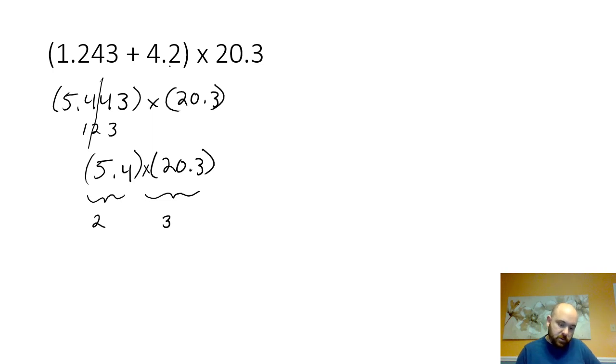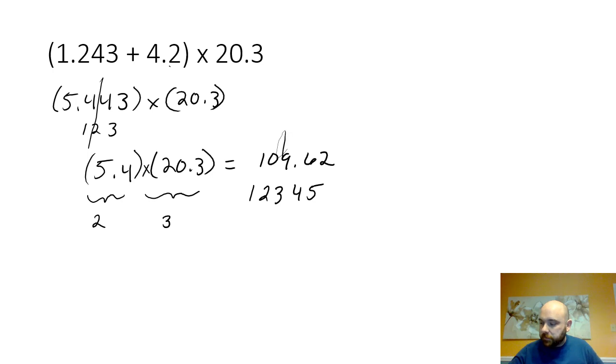5.4 times 20.3 becomes 109.62. But remember, we want to round our numbers to two significant figures. So we're going to count the number of significant figures in our answer here. I see 1. This 0 is significant because it's between non-zero digits. 2, 3, 4, 5 significant digits in that number.